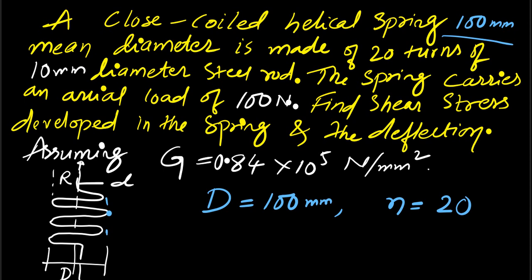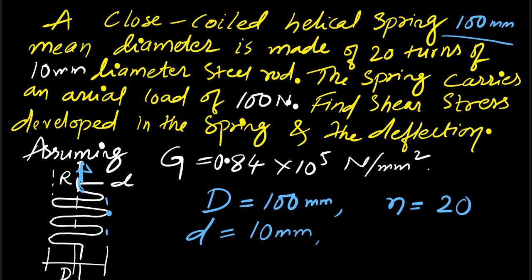The diameter of the steel rod is 10 millimeter, so that is small d, as I said, the wire diameter. And it carries an axial load, meaning along the axis of the spring the load will be applied.